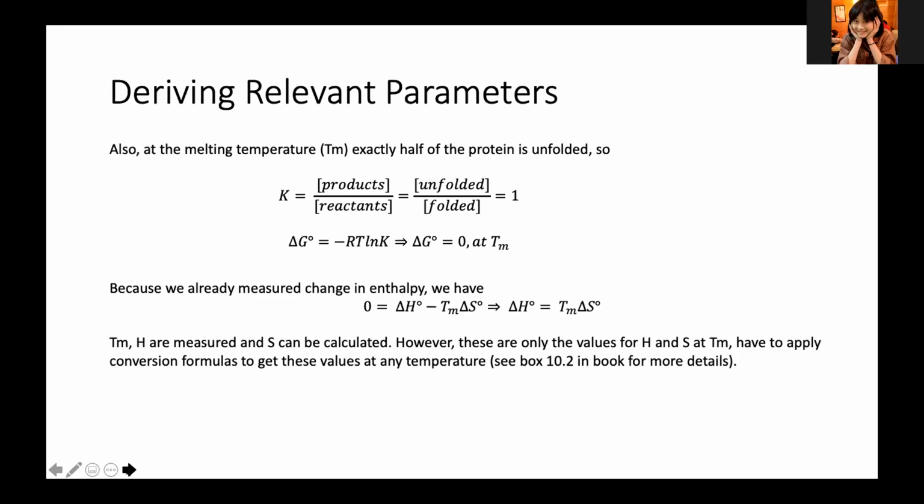Student: Hi, do we consider the hydrophobic effect here? Hydrophobic effect. So in the process of protein unfolding, the only equilibrium that we're looking at is the protein going from folded to unfolded. We're really just looking at the protein stability itself.